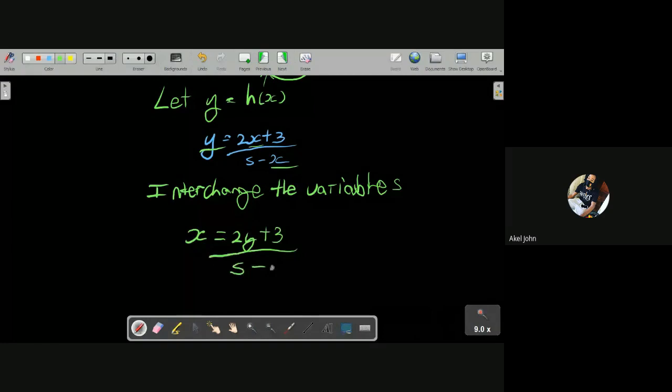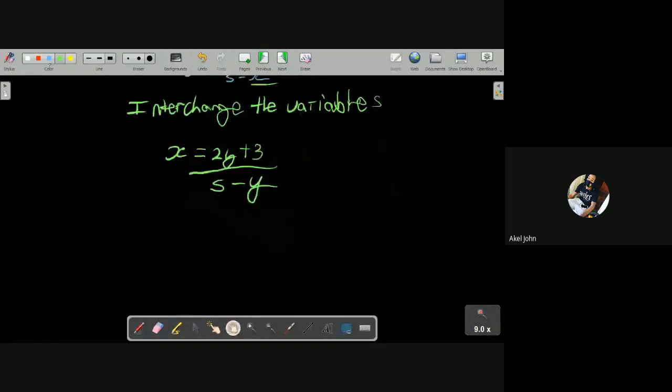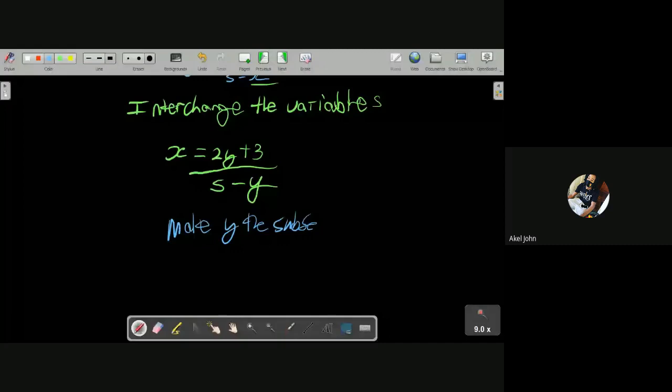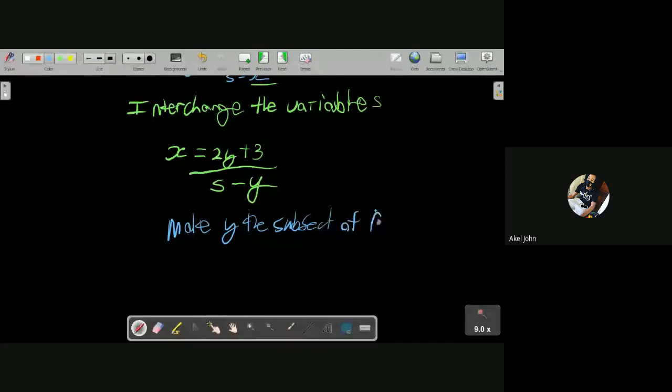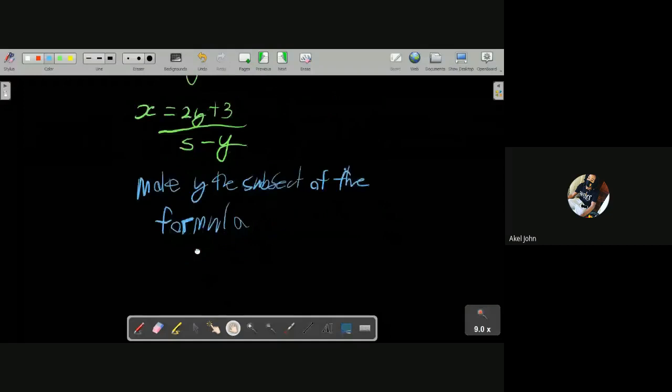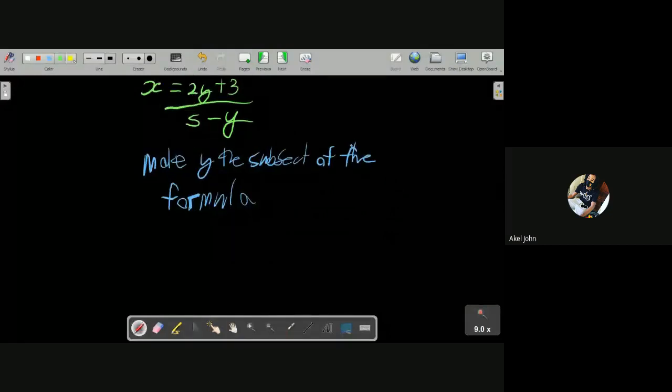And then you're making your next statement to say let's make y the subject of the formula. So this was your third part in the statement. So now we're writing it, x is equal to 2y plus 3 over 5 minus y.